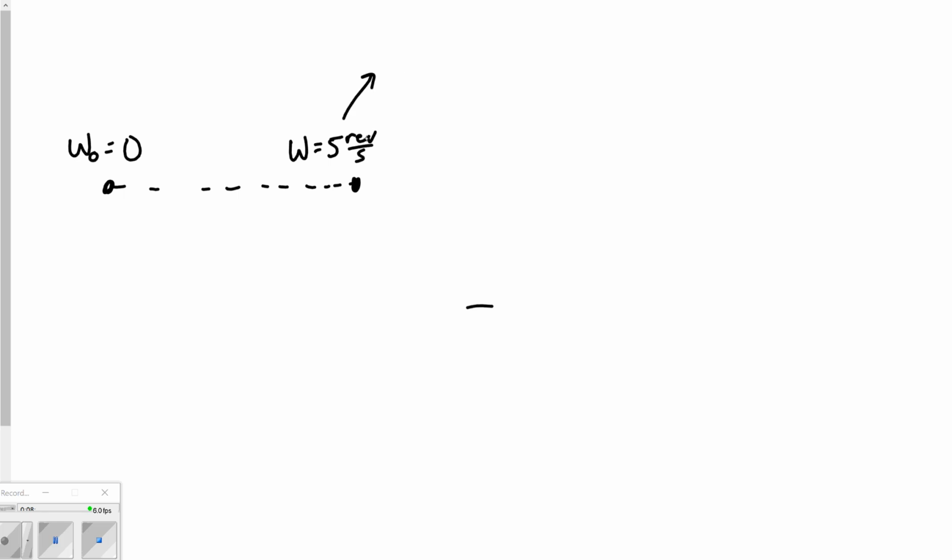So if it gave you 5 revs per second, you would need to go in there and go, okay, 5 revs per second times 2 pi radians per 1 rev. So you would actually plug 10 pi rads per second in for your final velocity, or 31.4.